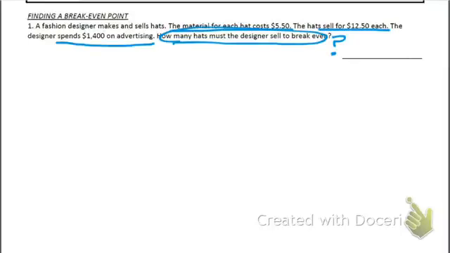Do you want to use x and y? Okay, so x is going to be the number of hats sold. And y is going to be, what would y represent if x is the number of hats? Total cost. So y is going to be total cost.